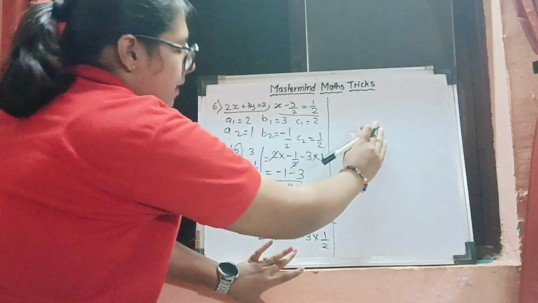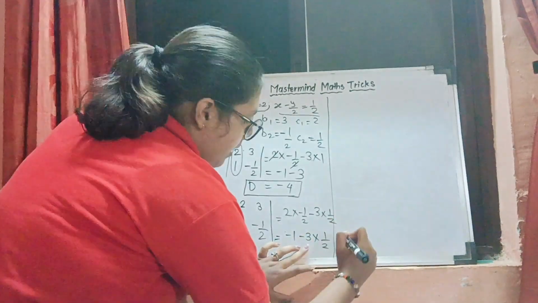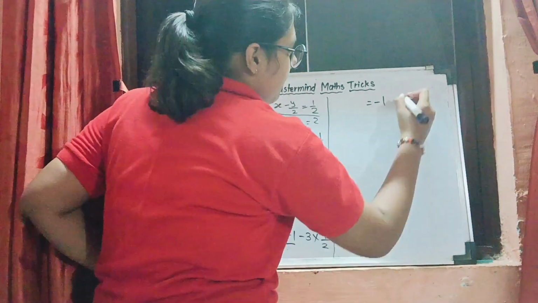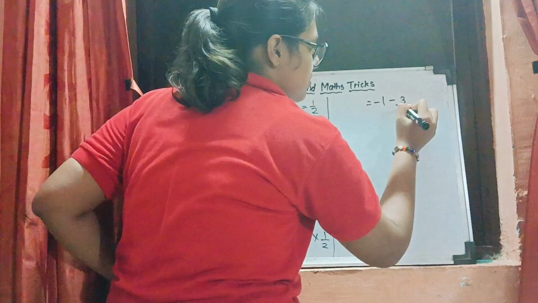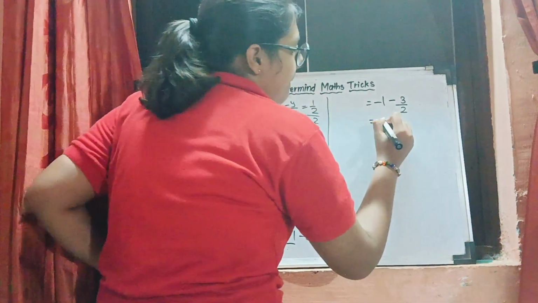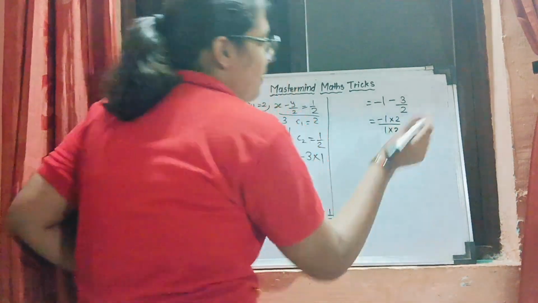As I taught you, y multiplied by 1 by 2 is equal to y by 2. So here we get minus 1 as it is, minus 3 as it is, but we will multiply and give the denominator as 2. Minus minus becomes plus, so we have to add this. So minus 1 multiplied by 2 upon 1 multiplied by 2. Why have we multiplied by 2?